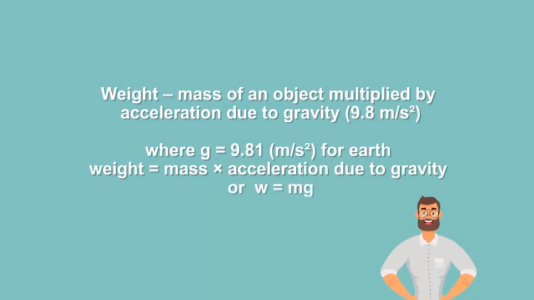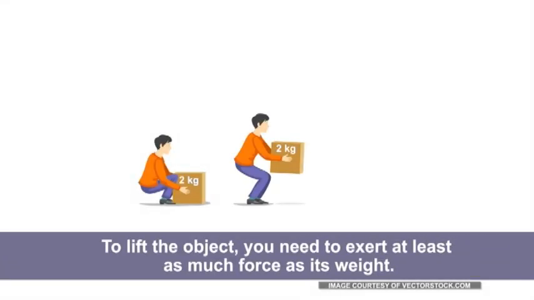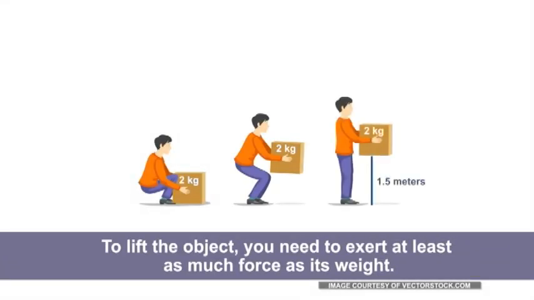That is, for every second that an object falls, its speed increases by 9.8 meters per second squared. This means that to lift the object, you need to exert at least as much force as its weight.